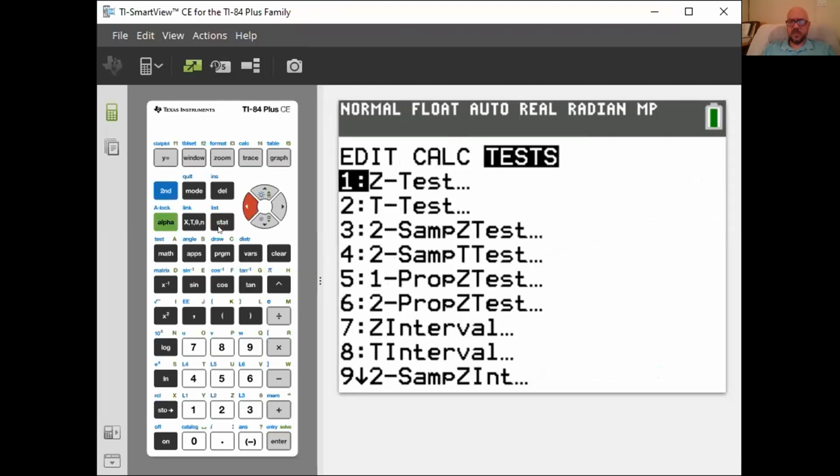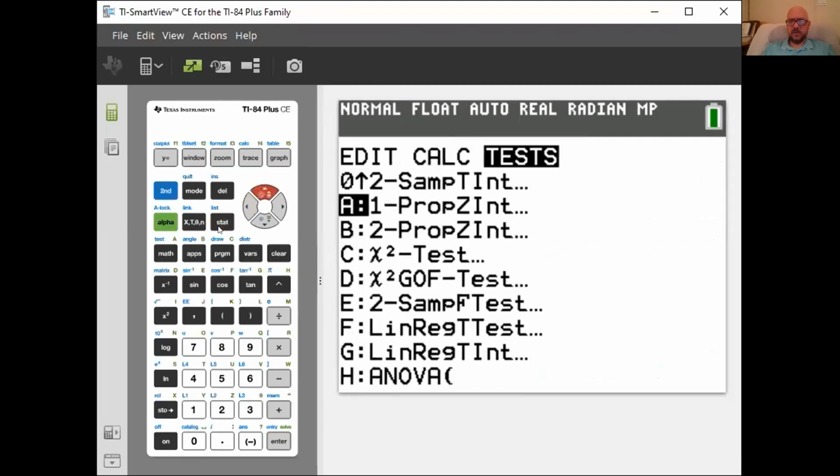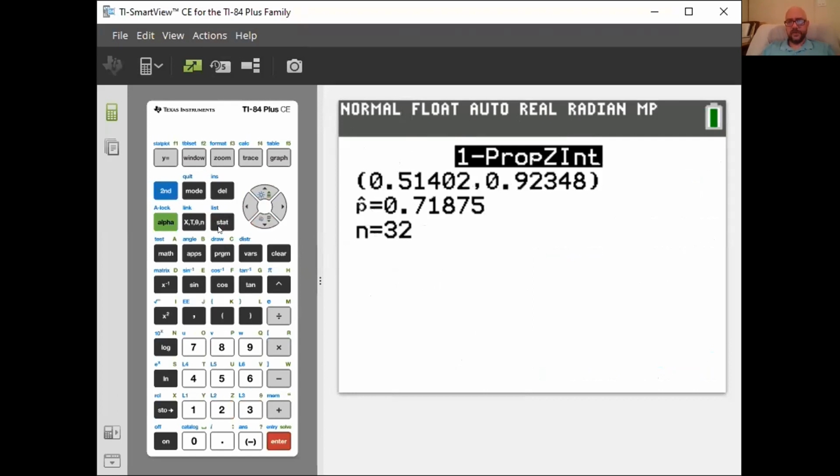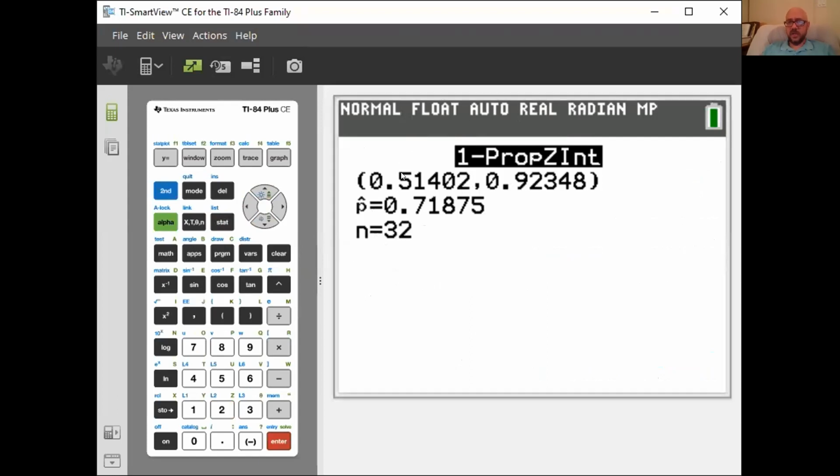Stat tests, letter A. 23 out of 32, 99% confidence interval. Done. There's our estimate. Notice that this is a good example of a very imprecise confidence interval.